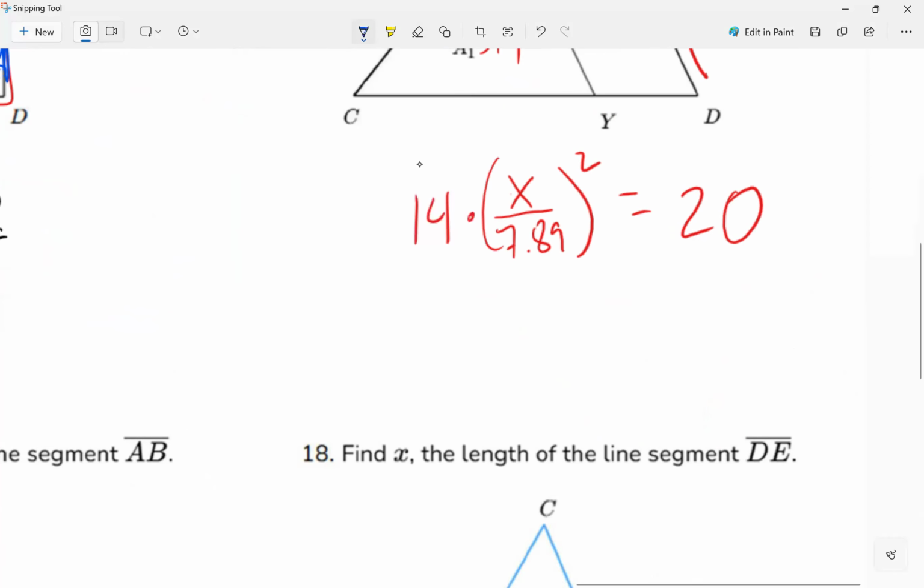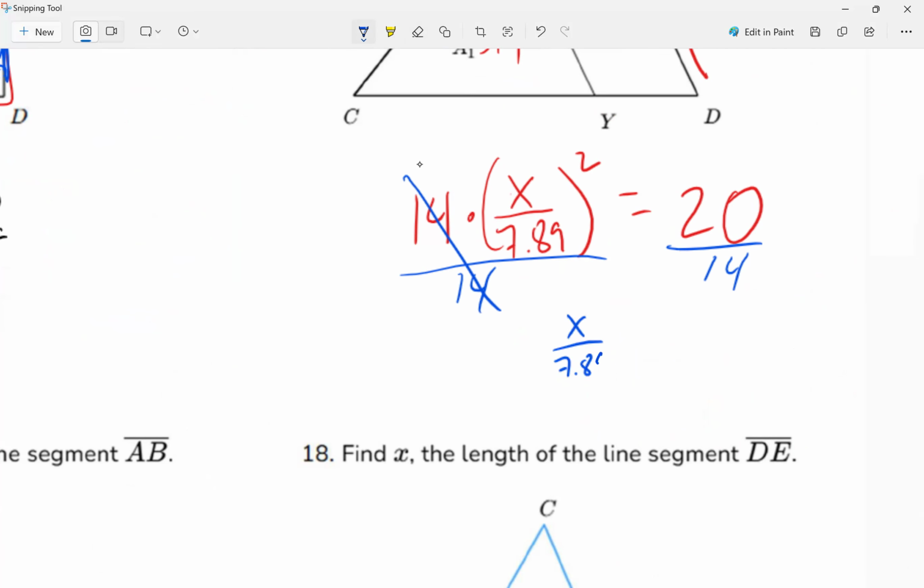So I have that X over 7.89 squared is equal to 20 over 14. If I was to go 20 divided by 14, I'm pretty sure it's going to give me a long decimal. So I don't want to deal with it. I'm just going to call it 20 over 14.